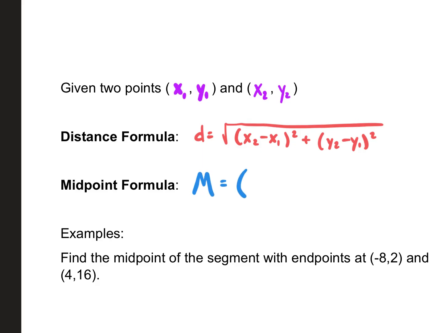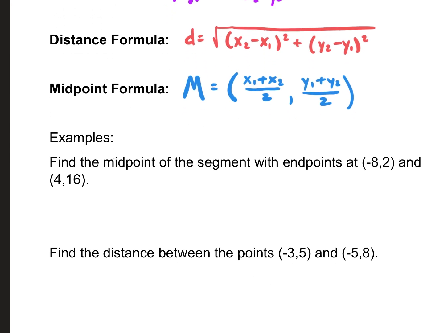It's simply just really the averages of the x's. So x1 plus x2 over 2, comma, and then the averages of the y's. y1 plus y2 over 2. And so just finding the coordinate. It's a weird formula because I think most times we think of formulas as they're going to give us a specific number value versus this one's actually just giving us the location of where this coordinate is.